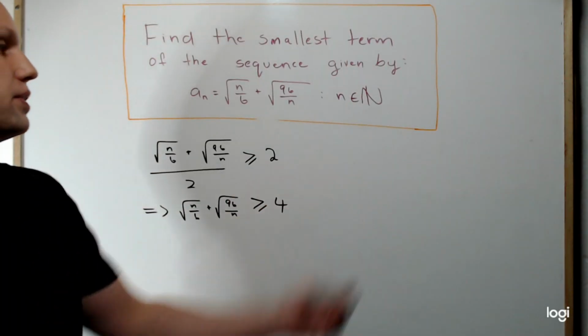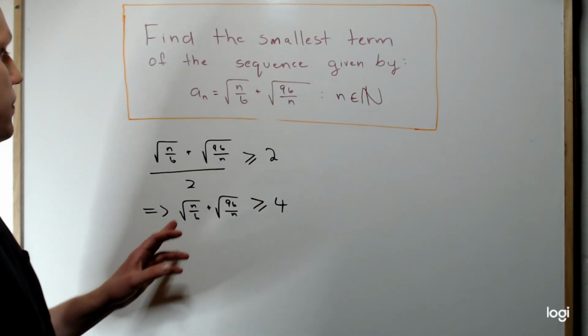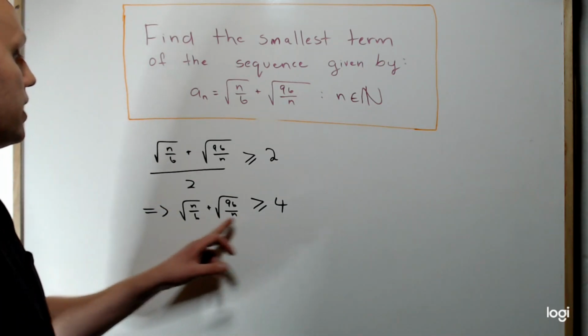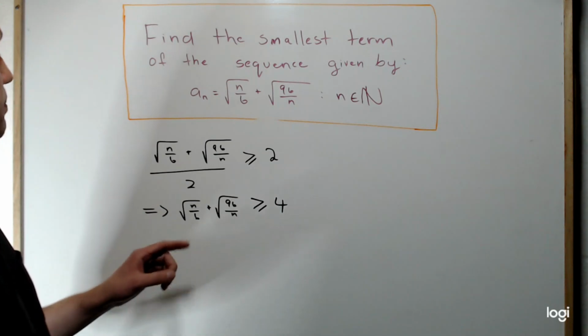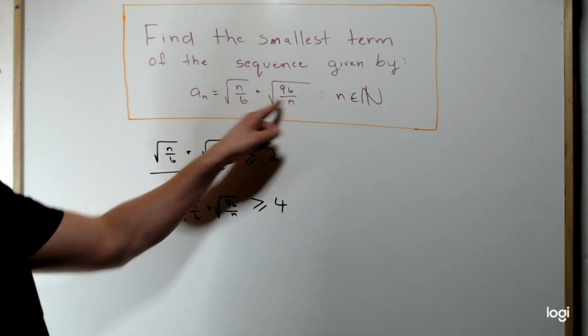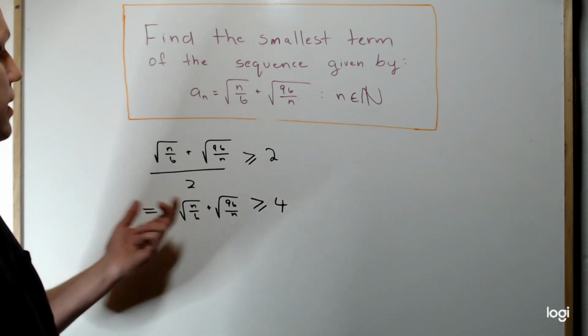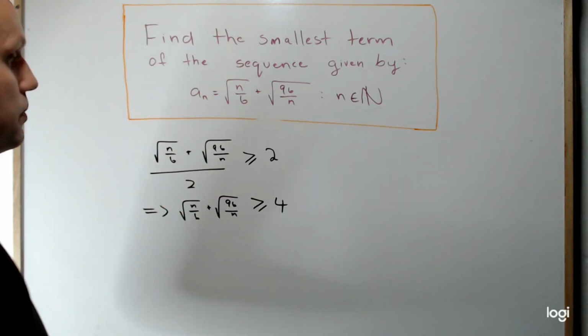And that comes down to the second part of the theorem. In order for the sequence to equal 4 at some n, the arithmetic mean of these two terms would have to equal the geometric mean. And that only happens when the two terms are equal.